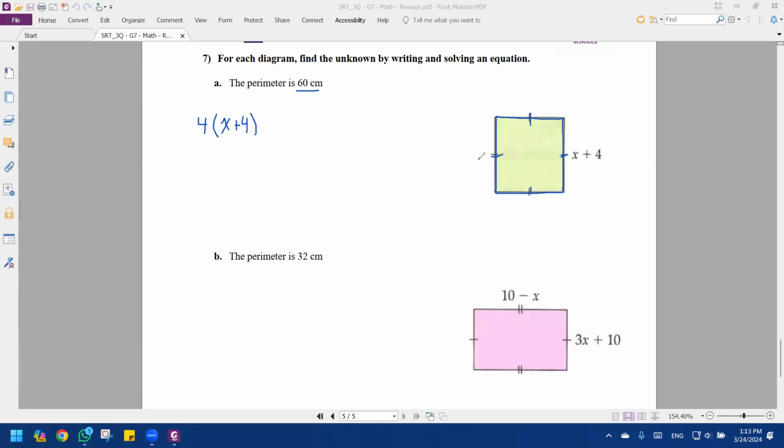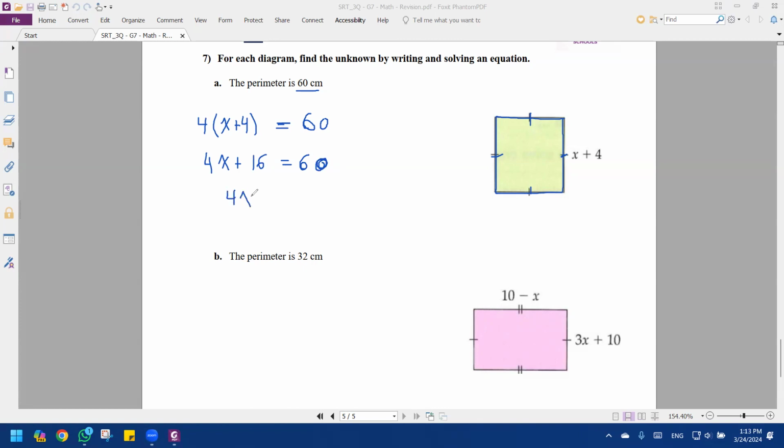So the addition of all the sides is equal to what? It's given in the question. It's equal to 60, because the perimeter is 60. Now we expand the bracket. 4 times x is 4x plus 4 times 4 is 16 equals 60. So we take 16 to the right side.